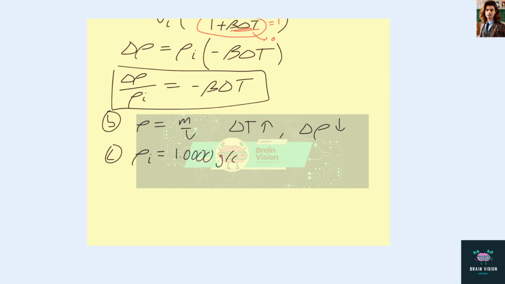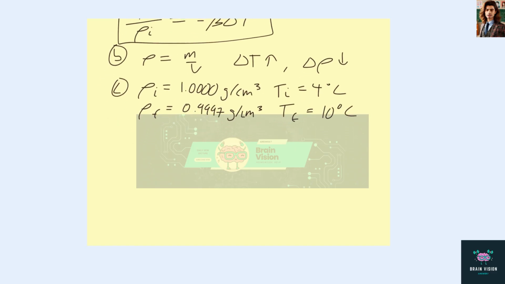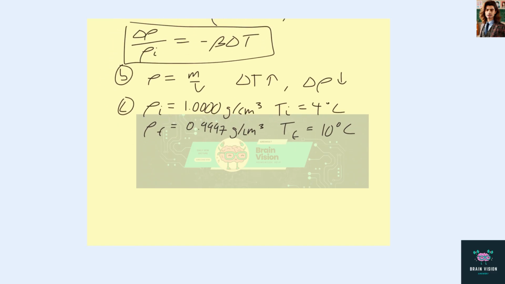Okay? Now, what if we have an initial density of 1.0000 grams per centimeter cubed at an initial temperature of 4 degrees Celsius, and we had a final density of 0.9997 grams per centimeter cubed at a temperature of 10 degrees Celsius. Well, we can just plug these numbers into our equation, right? So delta rho is final minus initial.